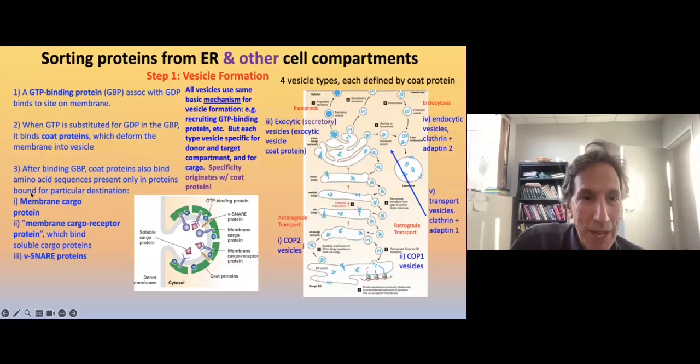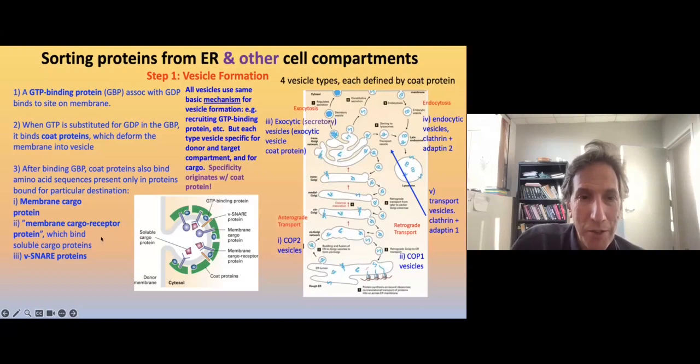And these transmembrane proteins that are captured by the vesicle, they're called membrane cargo protein. And you also capture a different kind of transmembrane protein called a membrane cargo receptor protein. And they also have the same short amino acid sequence that targets them to coat protein, but they're not there to travel as much as to carry other proteins.